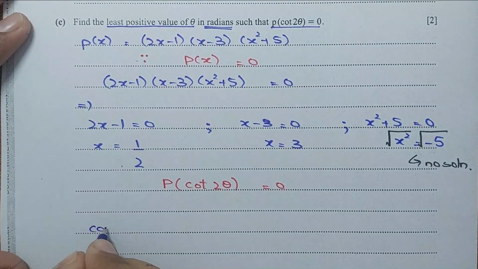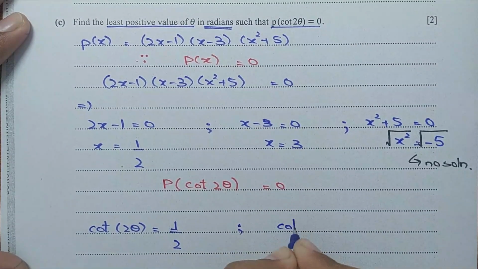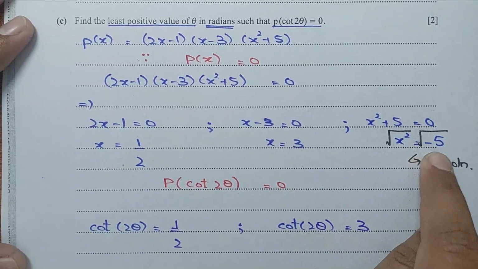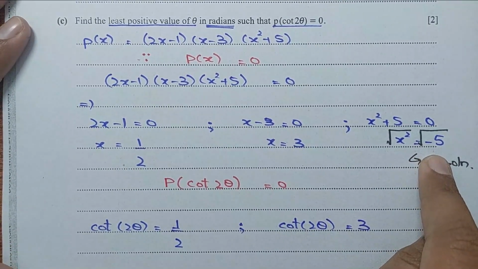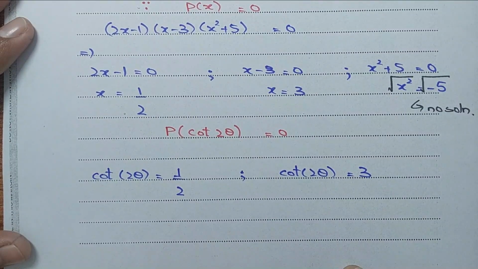This means cot of 2 theta is 1 by 2, and cot of 2 theta equals to 3, right? So I hope this is clear now why it's not a solution, because square root of negative number does not exist, so we have no solution from here, right?